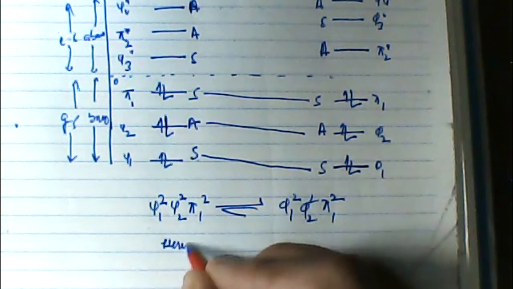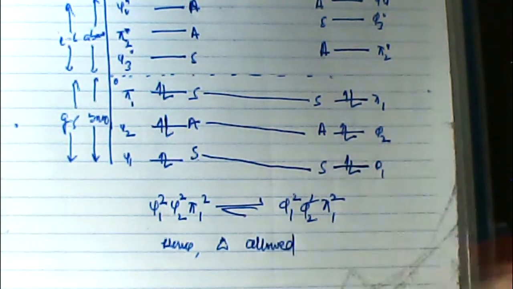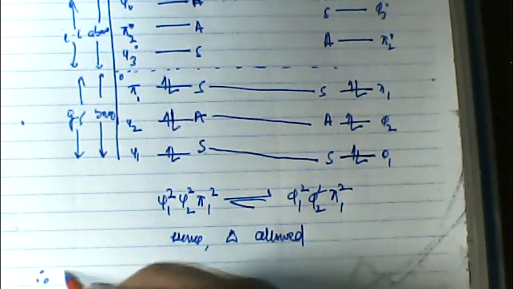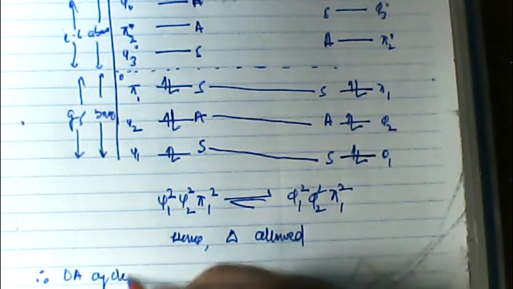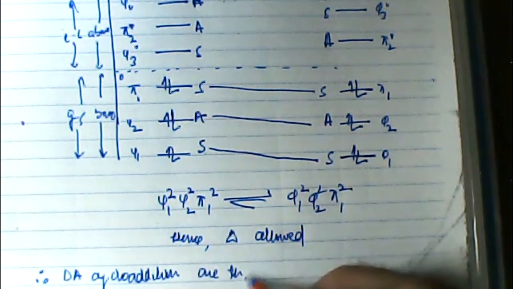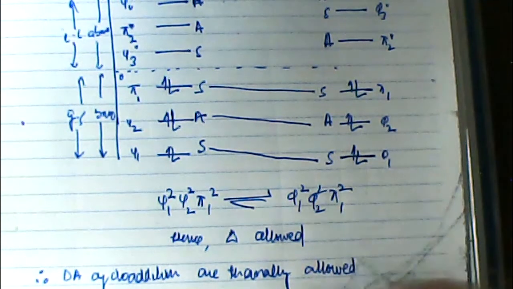Hence, this reaction is thermally allowed. Which reaction? That means Diels-Alder cycloaddition reactions are thermally allowed reactions, and that's why these are so common, so extensive.